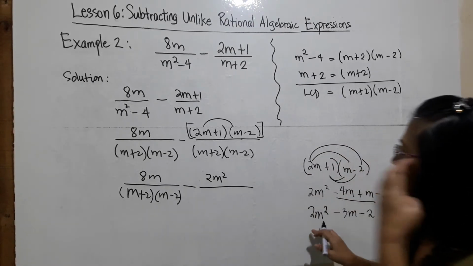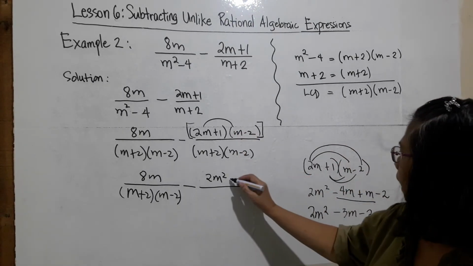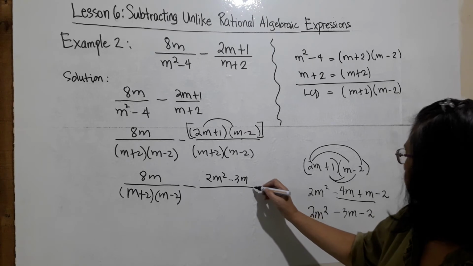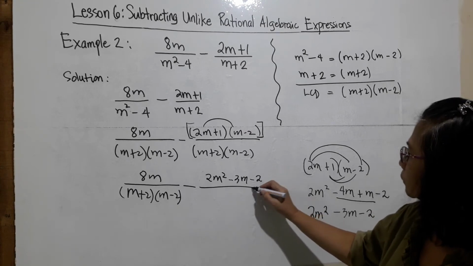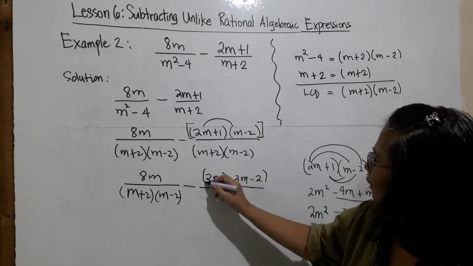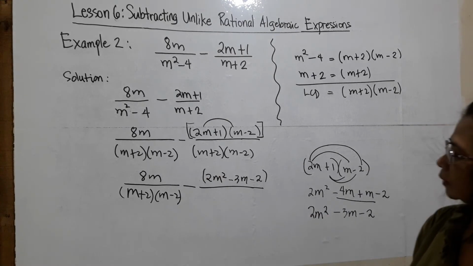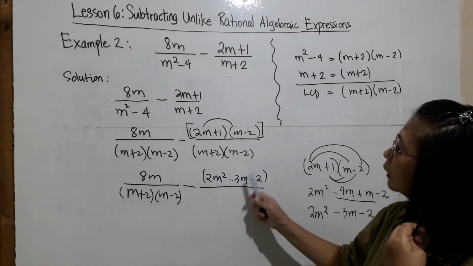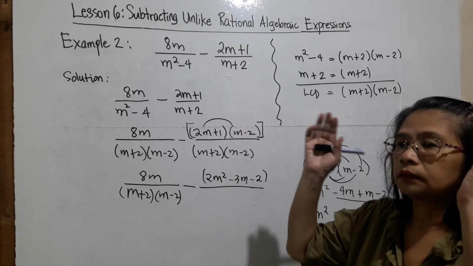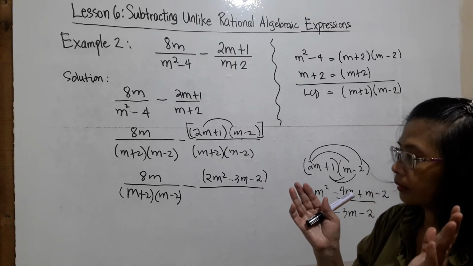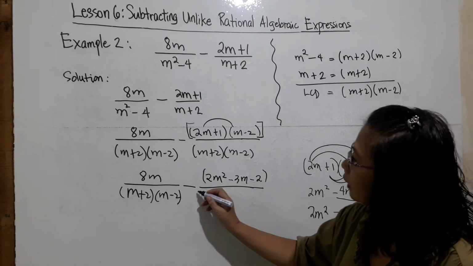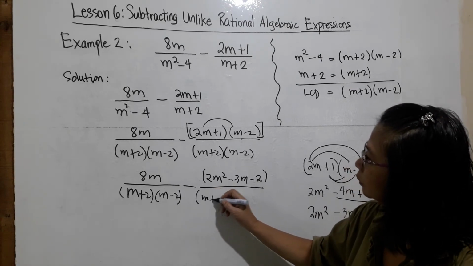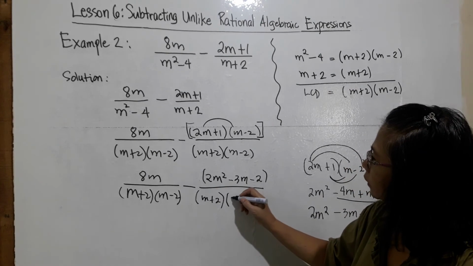So I will now write it here, the product we got from here: minus 3m minus 2. But we have to enclose this in parentheses because these three terms, which is a trinomial, serve as the subtrahend. Then copy the LCD as the new denominator.